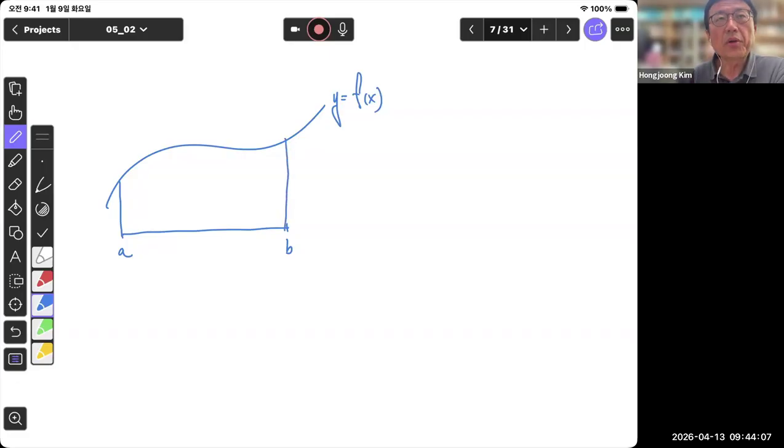Between these 2 points a and b, let me split this interval into many small bins of the same size. So let me define delta x by b minus a over n. And then let me call a by x naught. Then the next points are called x1, x2, x3 in that order.